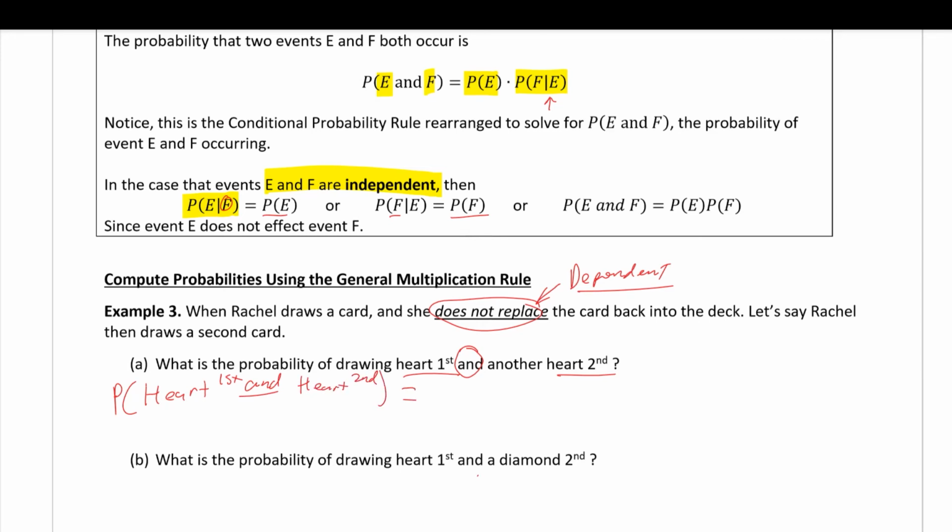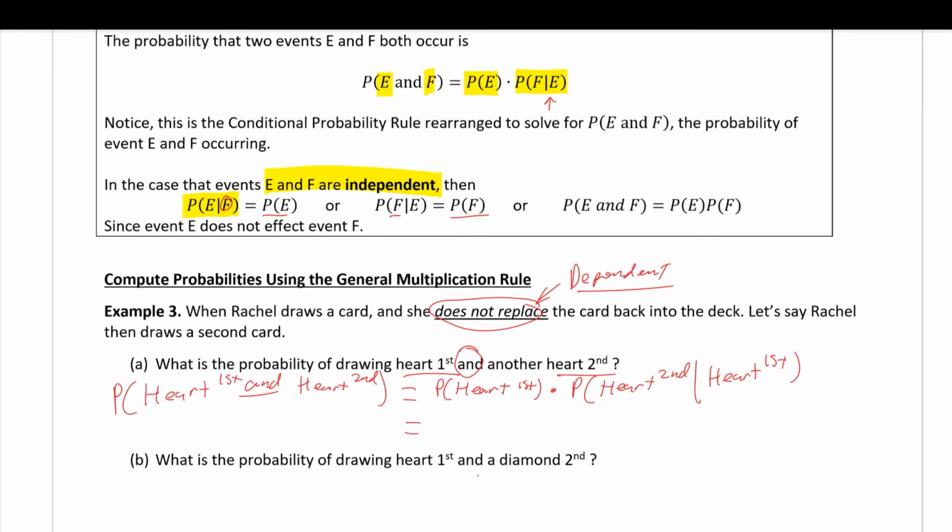Using the general rule from above, that's the same thing as the probability of a heart first times the probability of getting a heart second on the condition that we got a heart first. Now that second factor looks complicated, but it's actually a lot easier than you might think. We've already talked about this in some way before.